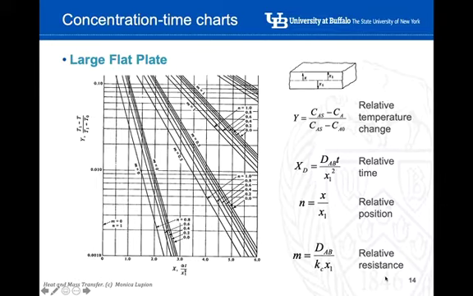If we know x, using m and n, we're able to determine the value of y, and therefore the concentration. So it's exactly the same as we saw in heat conduction. We just need to switch the temperature by the concentration and alpha by the diffusivity, DAB.